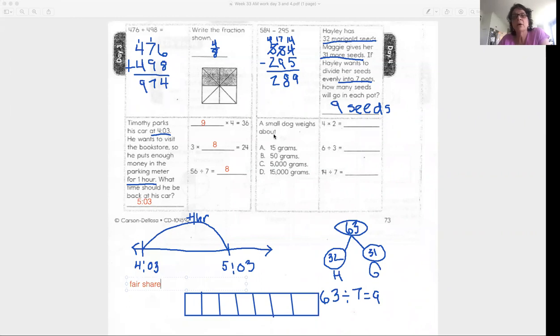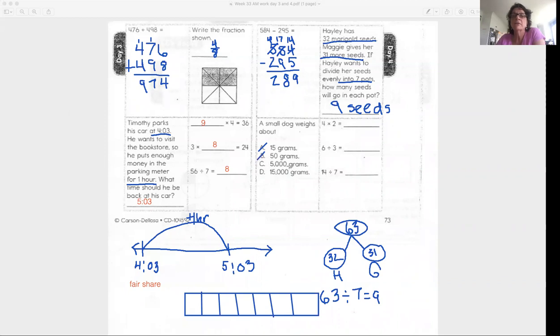So I don't think a small dog would weigh as little as 15 paper clips. So I'm going to cross that off. Okay. Now the next one is 50 grams. So could a small dog weigh the same as 50 paper clips? Maybe, but I'm thinking of a bag about this big with paper clips in it. Still don't think that a small dog could weigh that small of an amount.